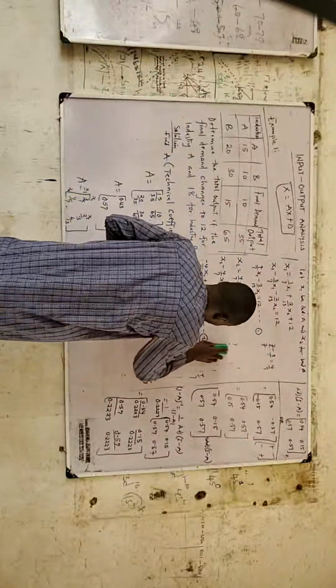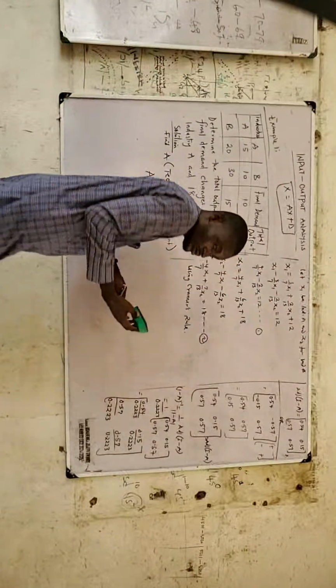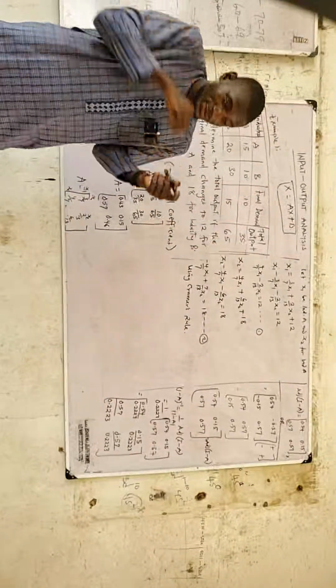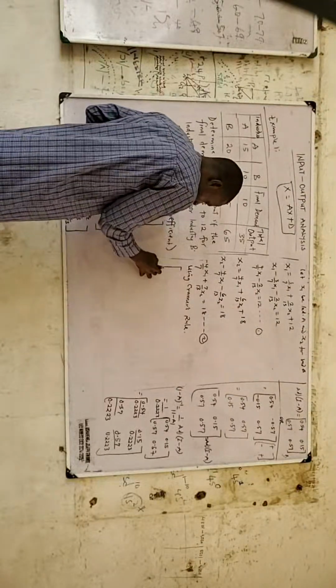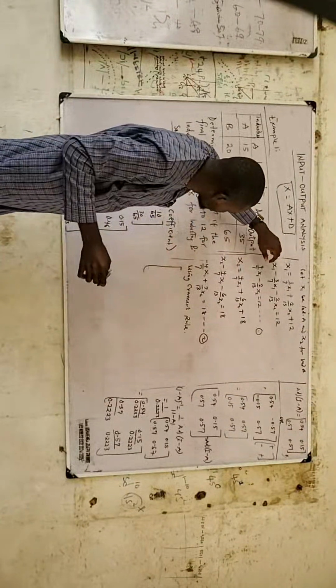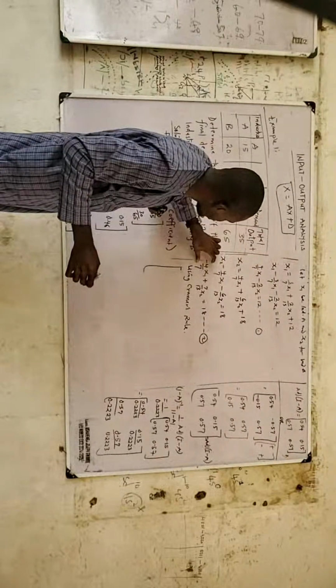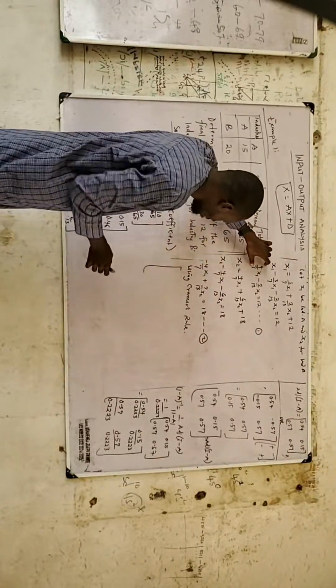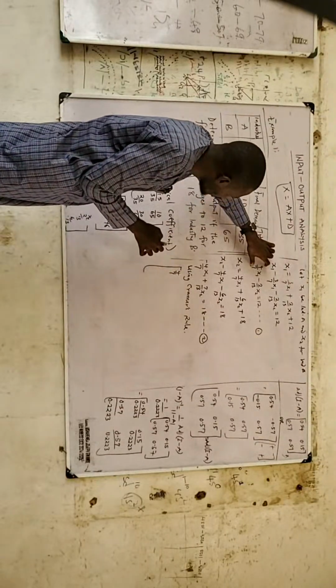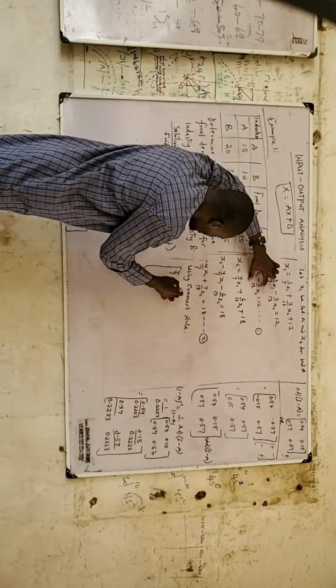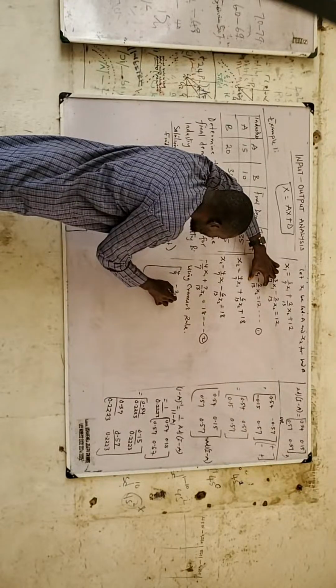So you see Cramer's rule. We have to get the matrix of coefficients. This is equation 1, equation 2. The first number here is 4 over 7. The second number here is minus 2 over 13.